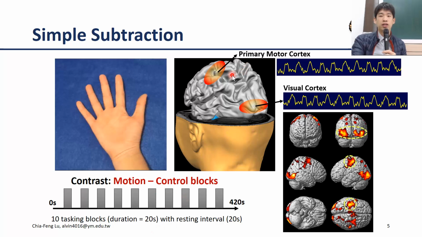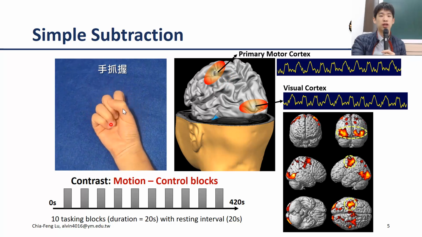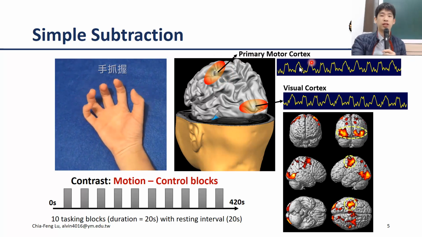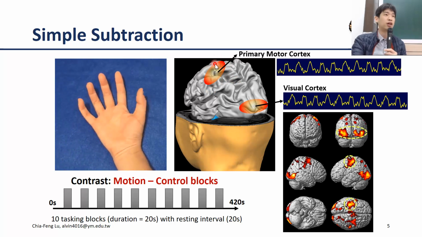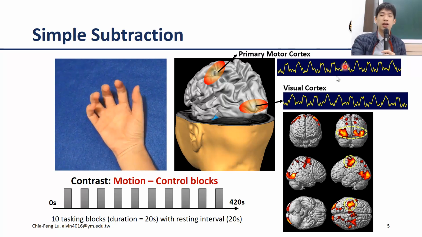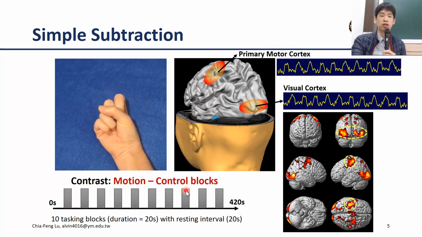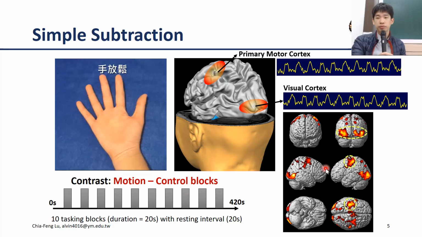The second one is the primary motor cortex. If the subject is using his right hand, then you will have a significant brain activation in the left brain hemisphere, the left primary motor cortex. And again, you can observe the BOLD pattern is highly correlated to the study design right here.